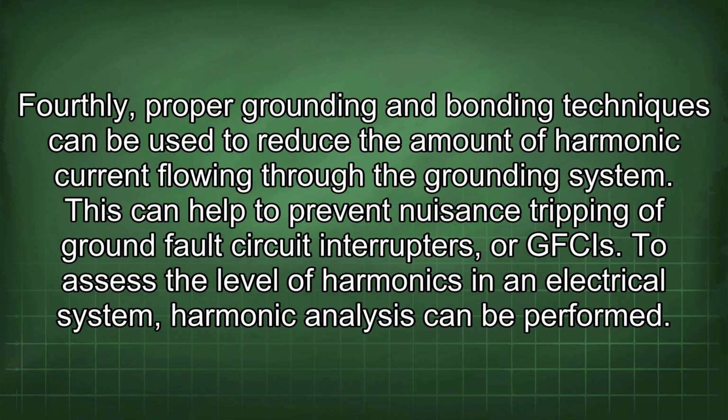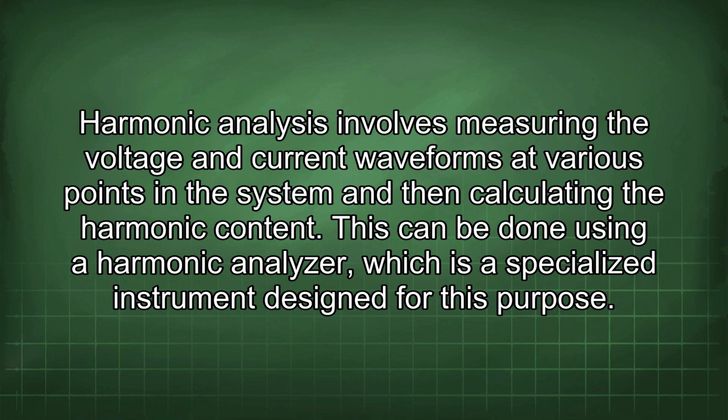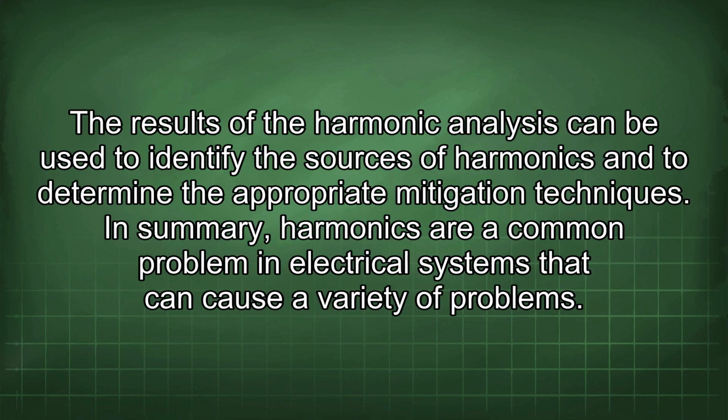To assess the level of harmonics in an electrical system, harmonic analysis can be performed. Harmonic analysis involves measuring the voltage and current waveforms at various points in the system and then calculating the harmonic content. This can be done using a harmonic analyzer, which is a specialized instrument designed for this purpose. The results of the harmonic analysis can be used to identify the sources of harmonics and to determine the appropriate mitigation techniques.